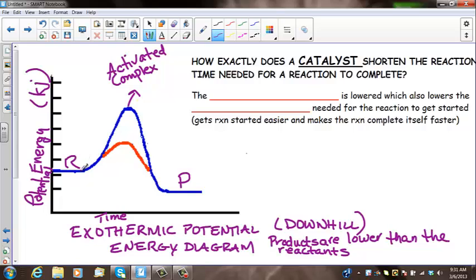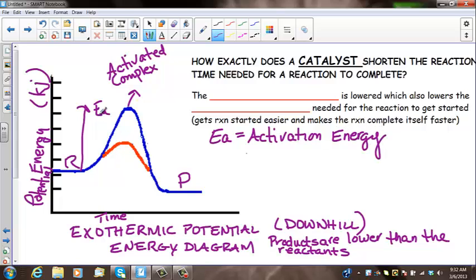And from here to the top of this hill, that is our EA. This EA equals activation, or energy of activation. We call it activation energy. It's the amount of energy needed by the reactants to get to the top of the activated complex, that intermediate place where bonds are breaking and reforming.